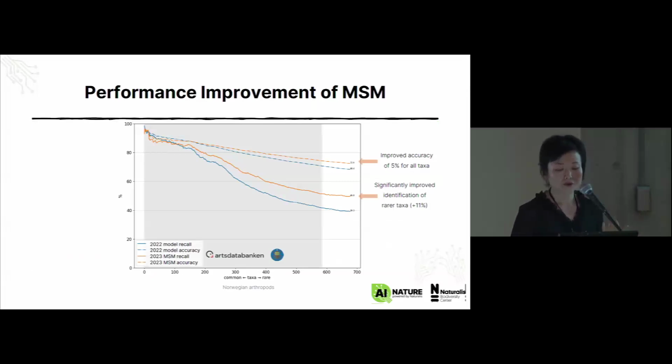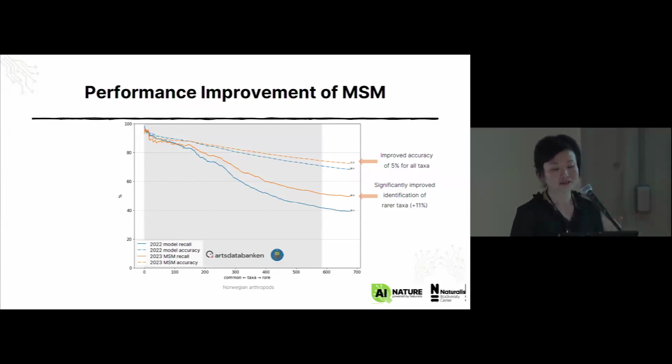In this graph, we show the data imbalance, for example, for the Norwegian spiders. On the left side, you have the more common species, and on the right side, the rare species. The gray area covers about 95% of all the observations.